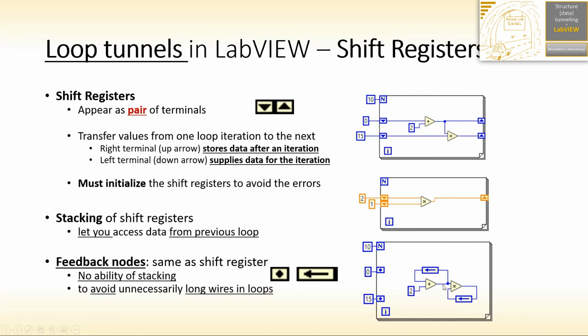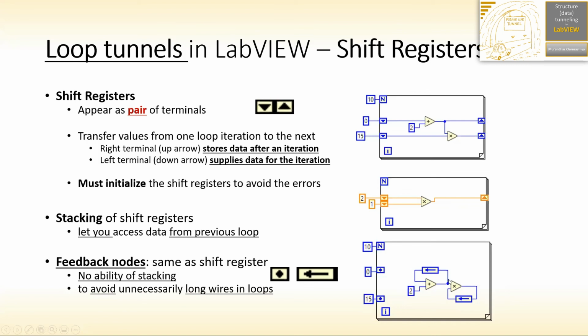Here the same happens: you define the default value here, then it starts calculating, and then it goes back here. We use this feedback node when we don't want long wires on the block diagram.